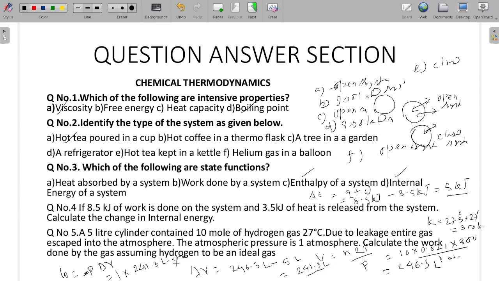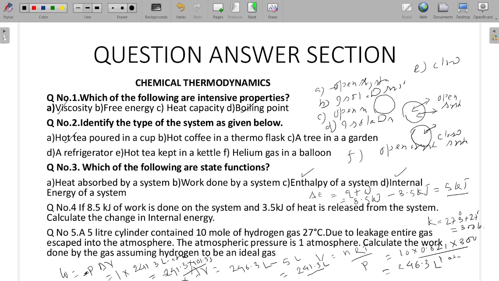If you convert the liter atm to joule, we multiply by the factor 101.3 joule. So minus 241.3 into 101.3 joule.